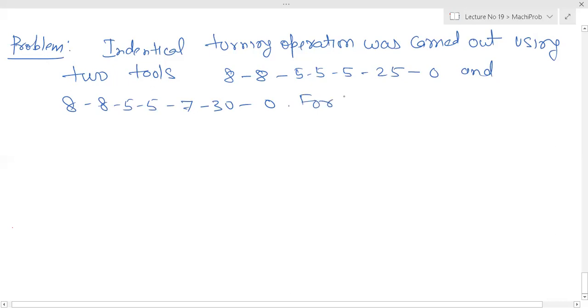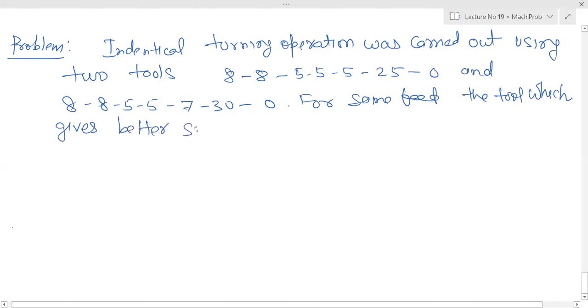For the same feed, the tool which gives better surface finish is, so you have two tools.